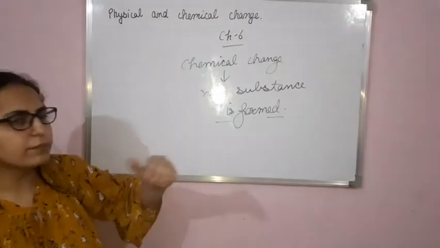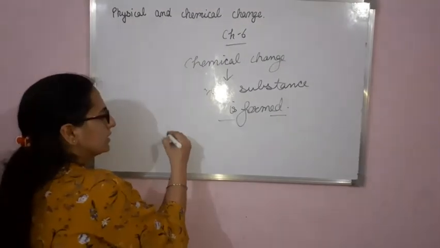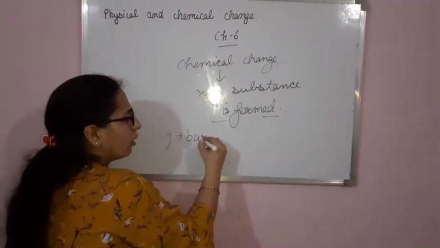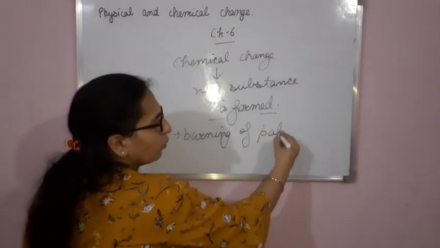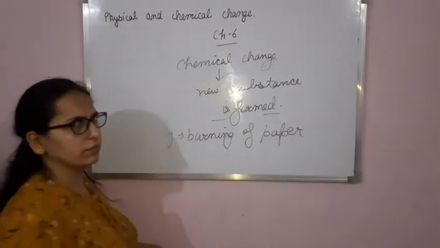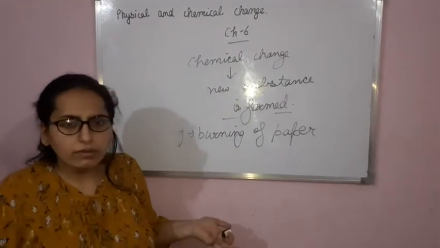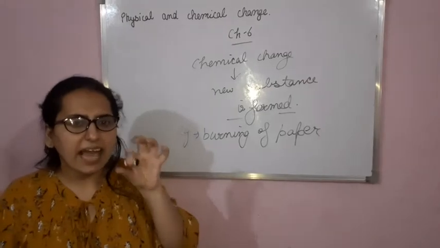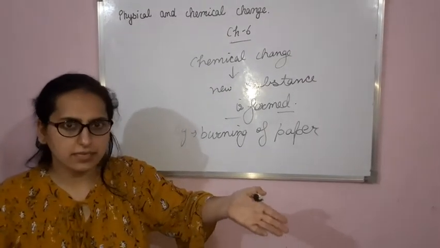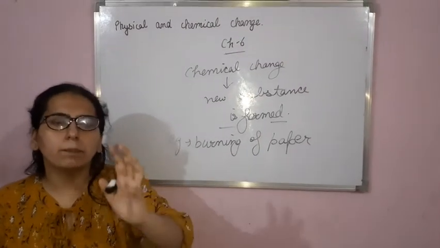Now let me give you an example of chemical change. Burning of paper. Now tell me, what will happen if you burn paper? Think. Ashes will get formed. That ash is a different substance when you compare with the paper.